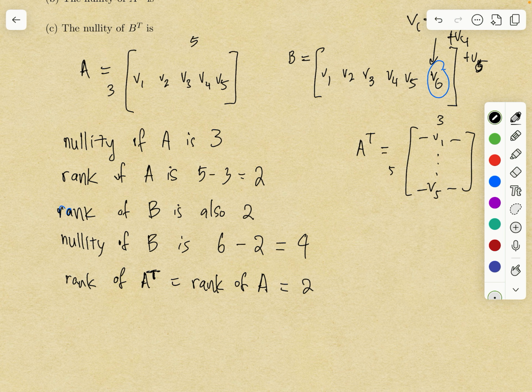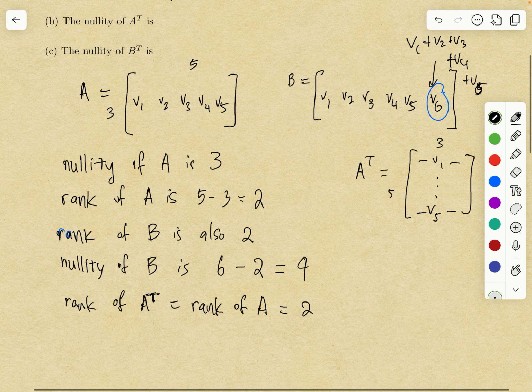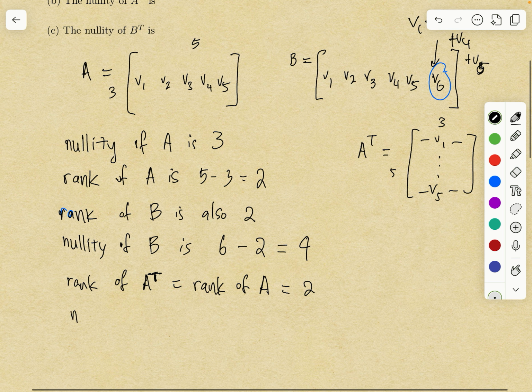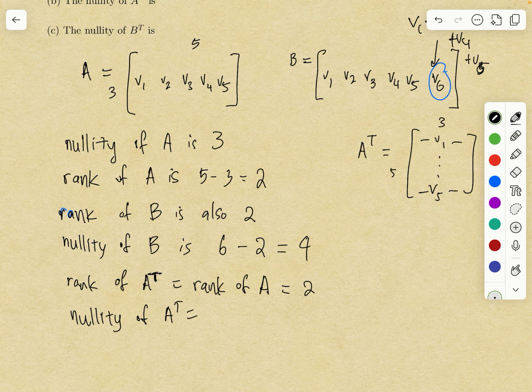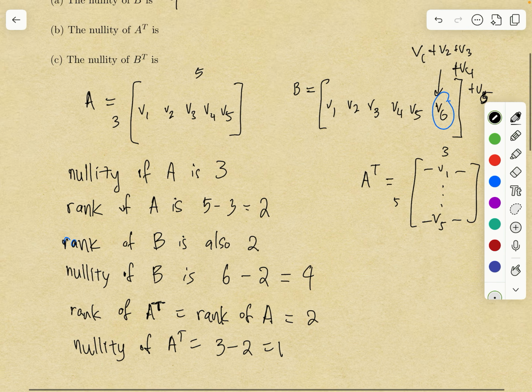If you write down any matrix whatsoever, that matrix and its transpose have the same rank. So the rank of A is 2, and therefore the rank of A transpose is 2, and therefore the nullity of A transpose is, well, A transpose has 3 columns, 3 minus 2 is 1. So the answer is 1.